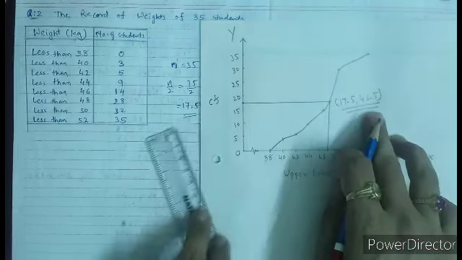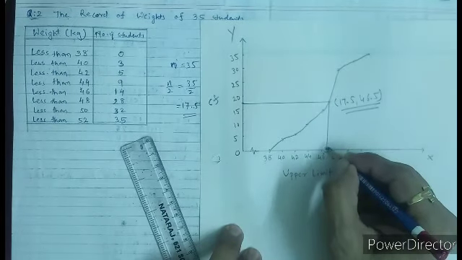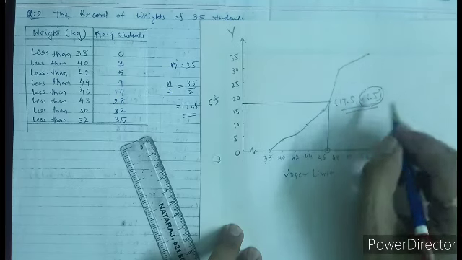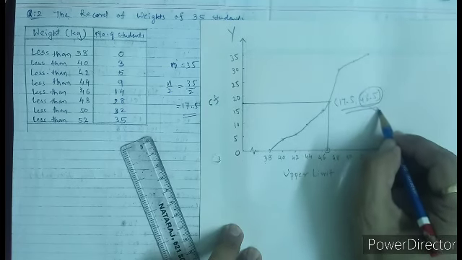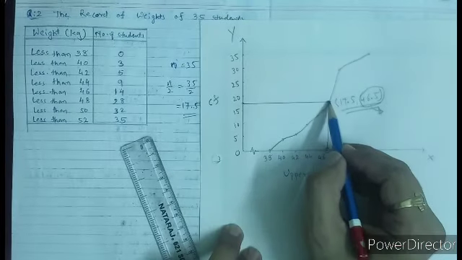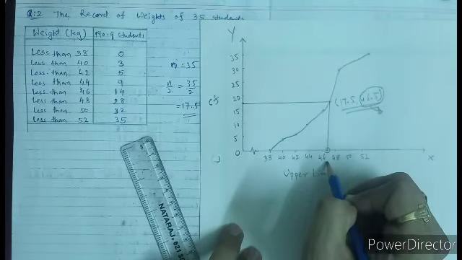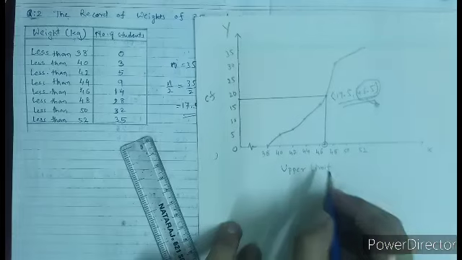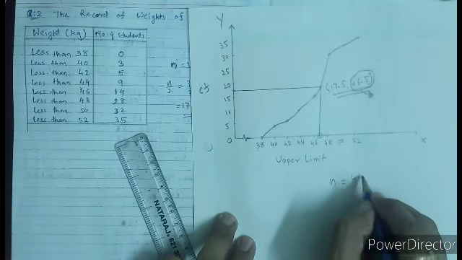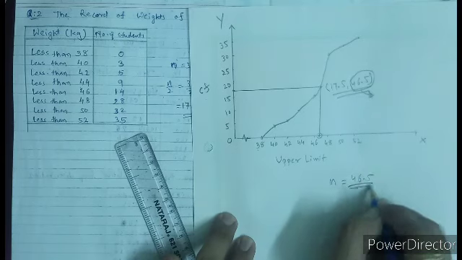This is the approximate value. Whatever value we are getting here on x-axis, this gives us median. So remember that the x coordinate which we obtain from n by 2 term through the ogive curve is the median. So here we can say that median M equals approximately 46.5.